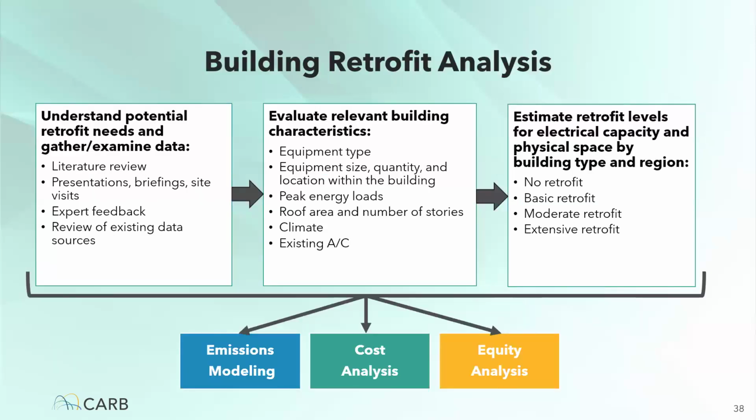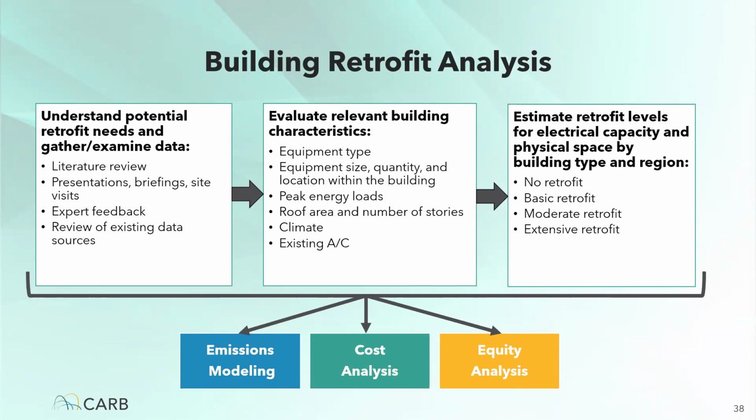This slide provides more detail on how we conducted the retrofit analysis. We began by reviewing literature, attending presentations and site visits, and gathering feedback. The goal here was to identify suitable replacement equipment for different building types, understand the range of retrofits needed, and address data gaps in the ResStock and Comstock data sets.